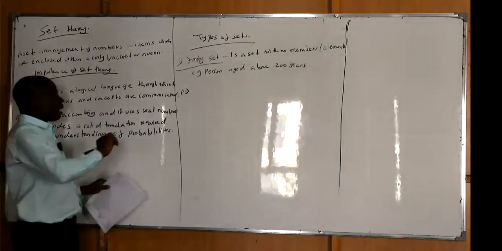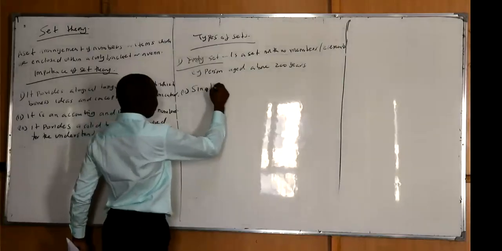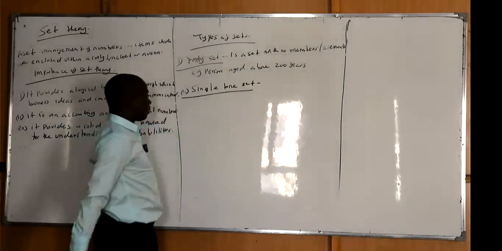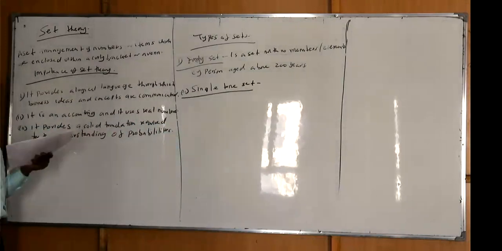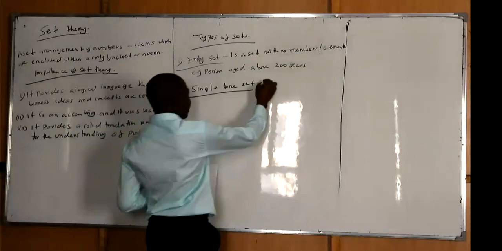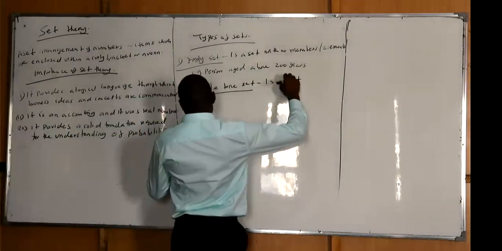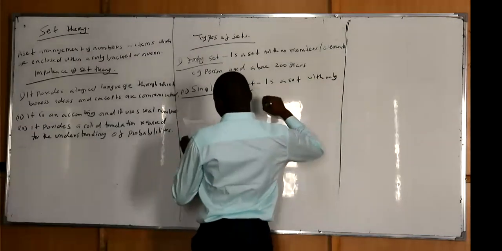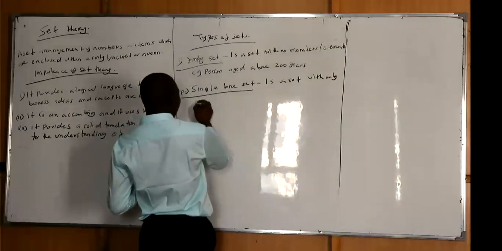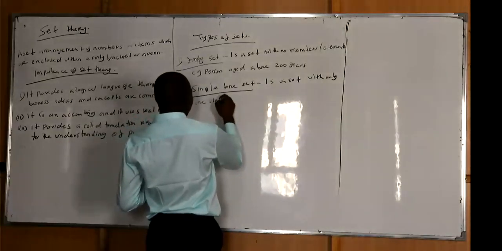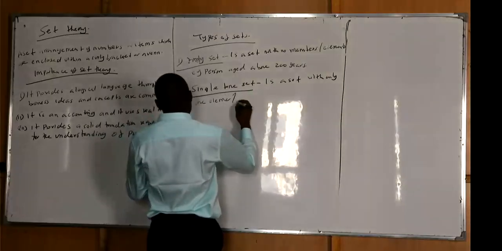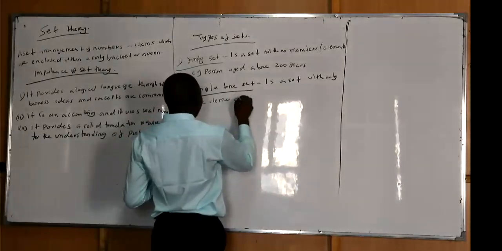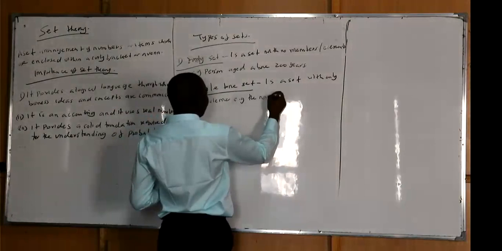Number two is a singleton set. A singleton set is a set with only one element, e.g. the name of the nation.